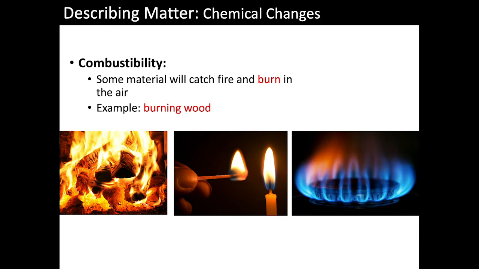Those are your three components there. With combustibility, we're talking about a chemical reaction. This piece of wood is not going to be the same chemical structure on the other end of this experiment. It's going to be ashes. I've produced a new product here, and that's a sign. I've got smoke and I've got heat occurring. So this is a chemical reaction.